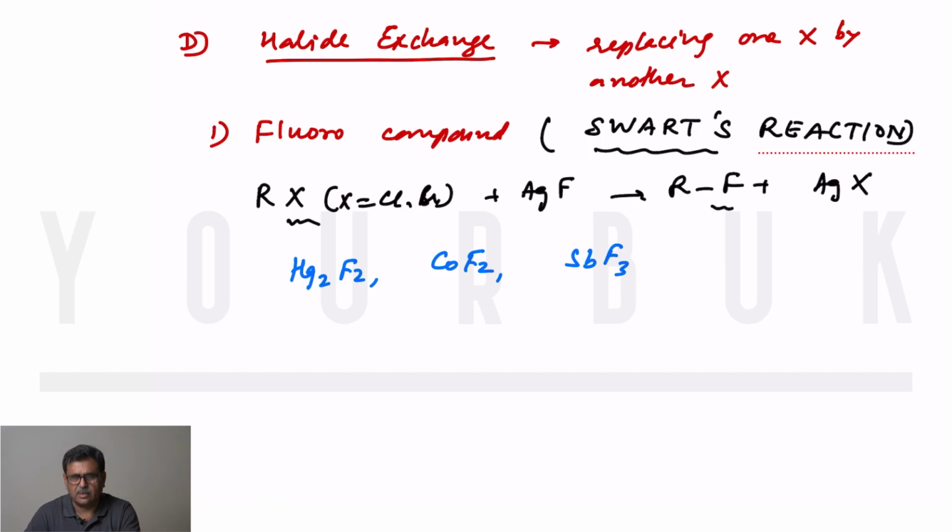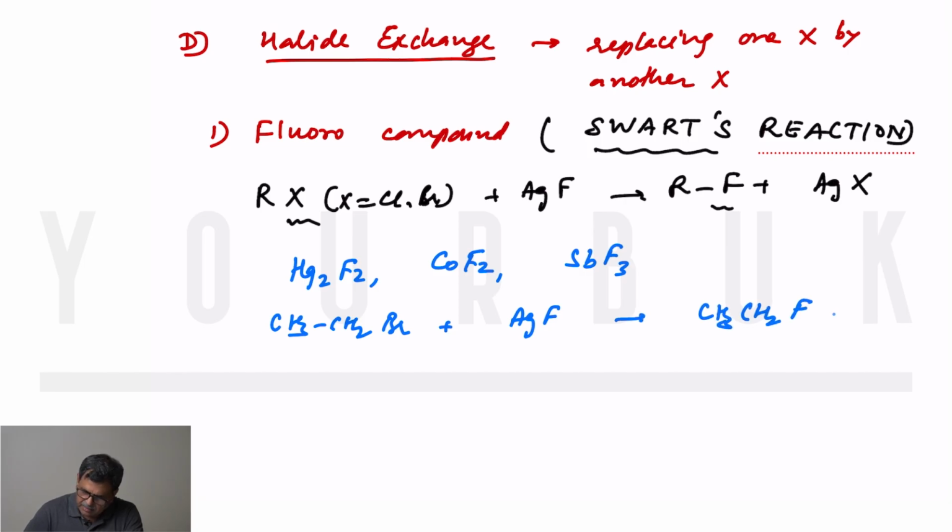I can write anything in my question. For example, CH3CH2Br on reaction with AgF gives CH3CH2F, and my side product is AgBr. And we prefer Hg2F2 when you want to replace more than one halogen by fluorine.